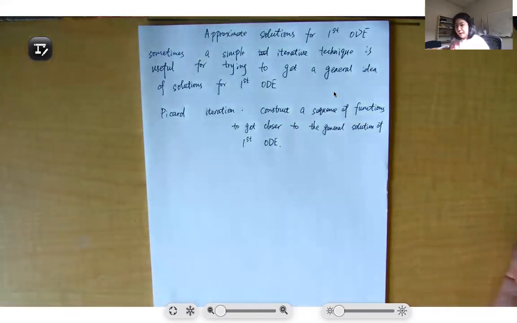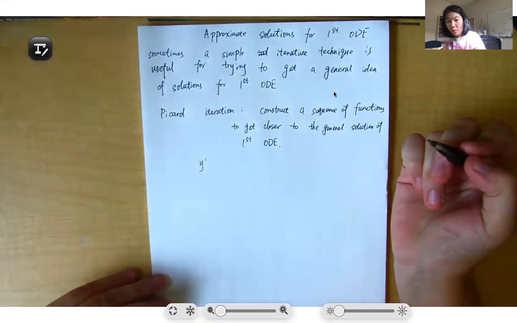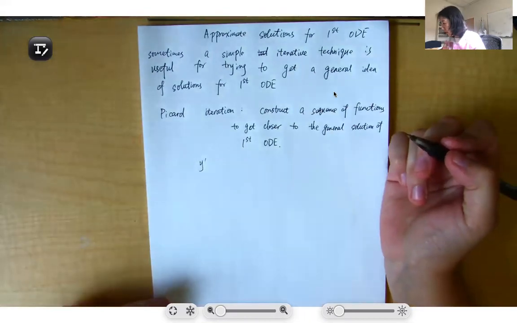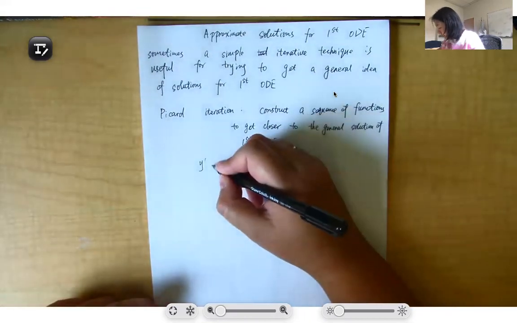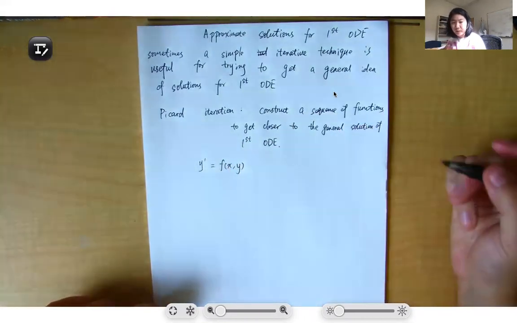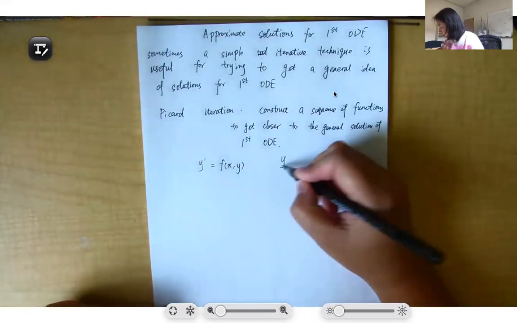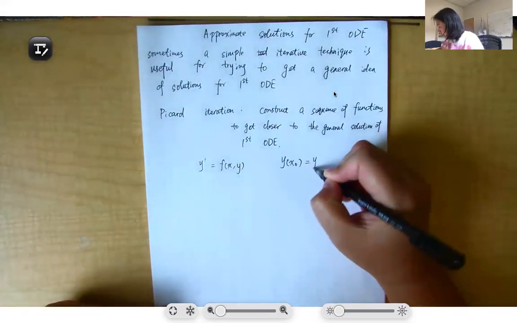Let's make a general form of Picard iteration. Take the general first order ODE, y prime equals f(x, y). We are solving this as an initial value problem, so we are given an initial value y(x0) equals y0.